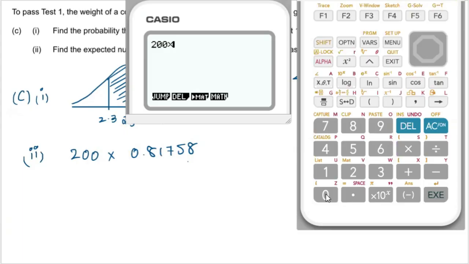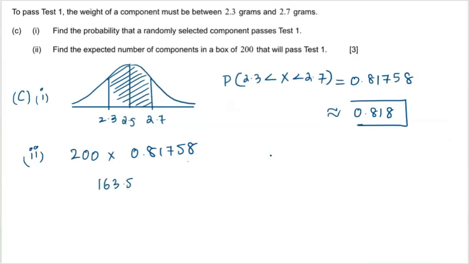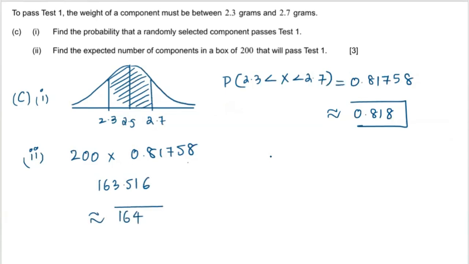Expectation is np, the number times probability. So this is 0.81758. I'm getting 163.516. You can give your answer as 163 or maybe 164, right?